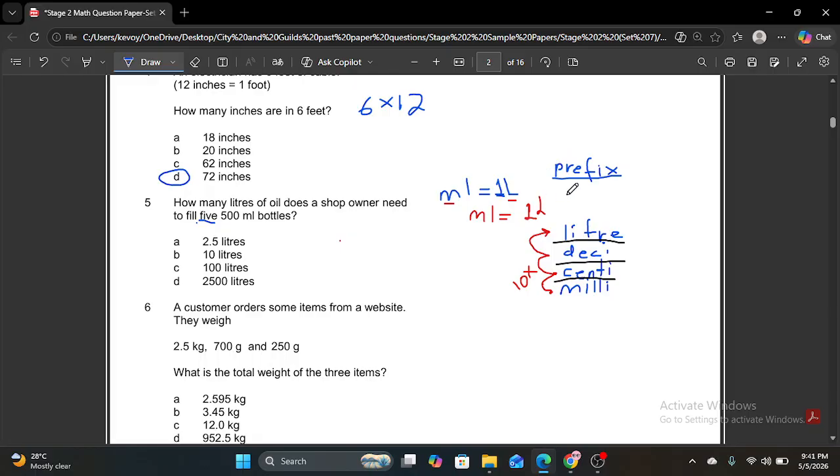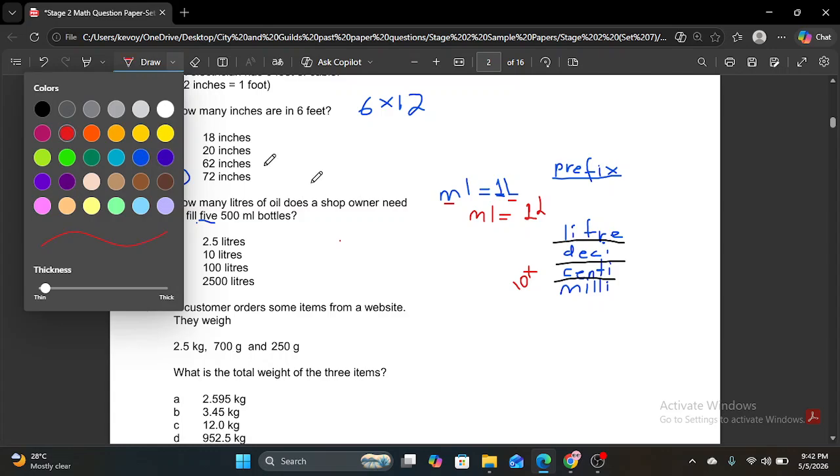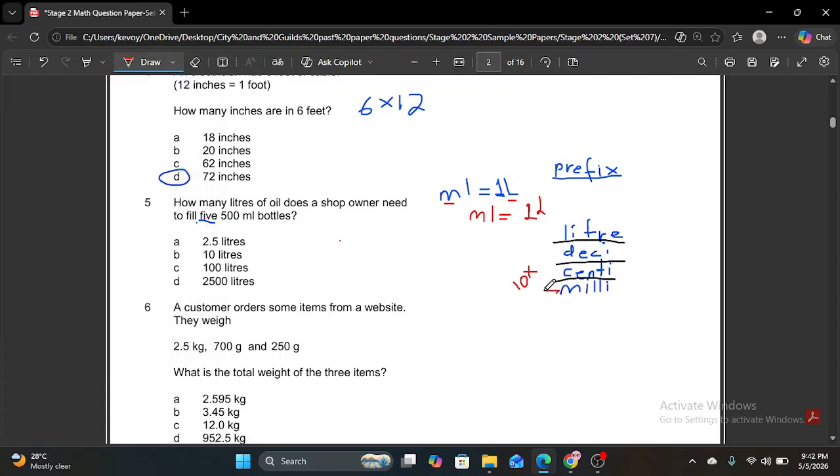Every time we go up from one level to the next, we increase in multiples of 10. So let me quickly show you what I mean. From milli to centi, that's 10.